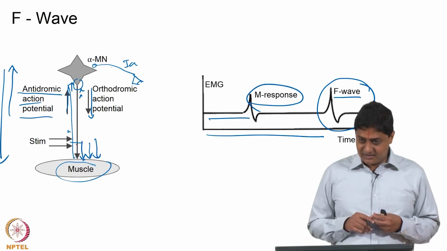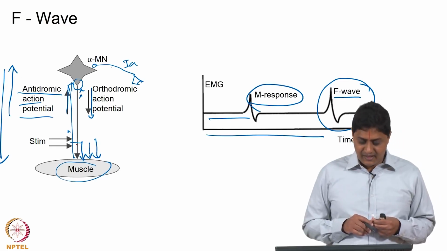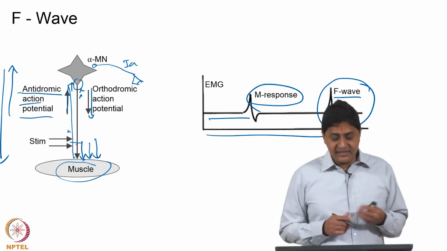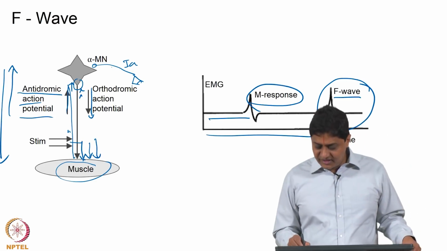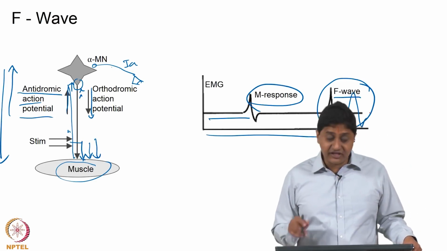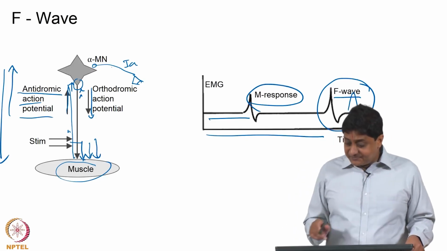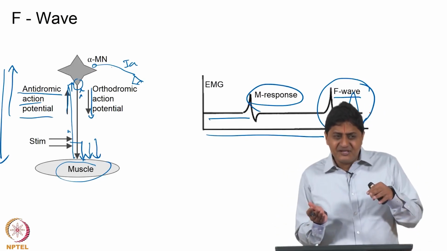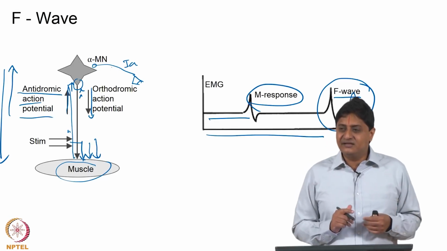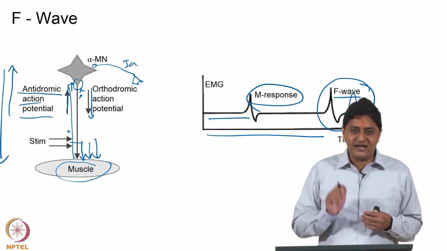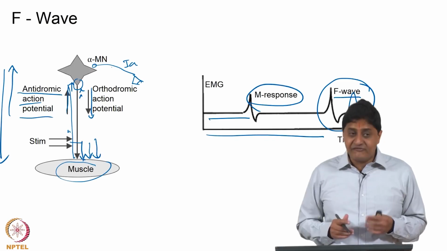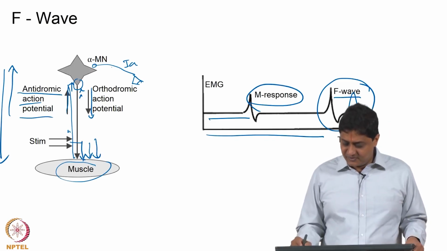An intelligent guess would be that the H reflex would arrive after this, if at all it arrives. F response timing is going to be slightly ahead of the H reflex's timing, if at all there is an H reflex. So, this is the H.